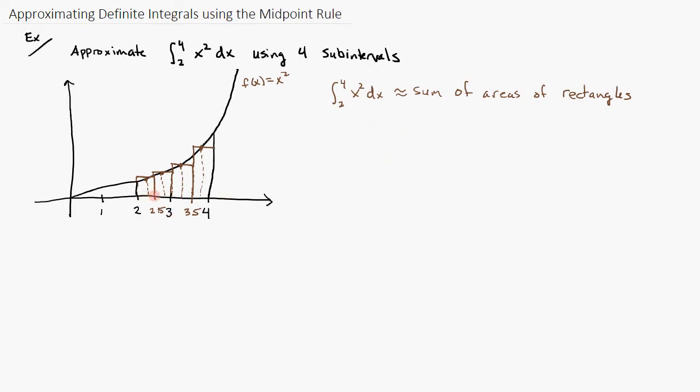So let's first figure out the width of each rectangle. Since they're evenly spaced, the width of all of them should be the same. We call it delta x. Delta x is the width of each rectangle, and in general we can calculate it by taking the width of the whole interval and dividing by the number of intervals.